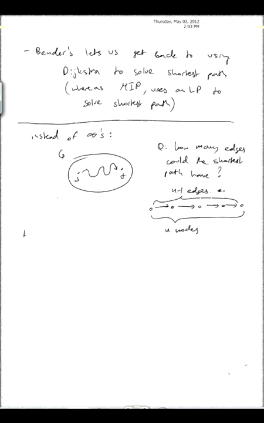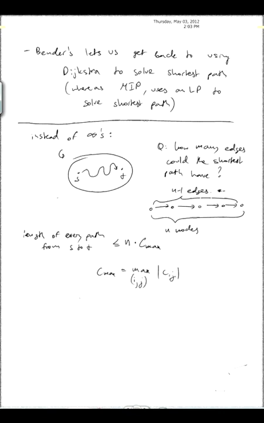So the length of every path from S to T must be less than or equal to n times what we'll call Cmax, where Cmax is equal to the maximum over all edges ij of the cost of the edge.